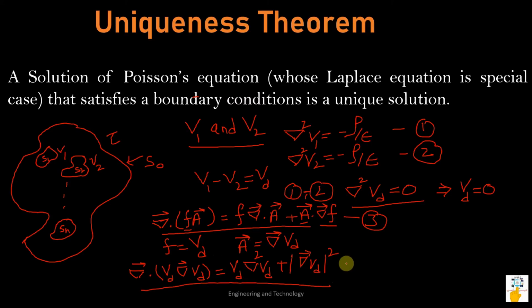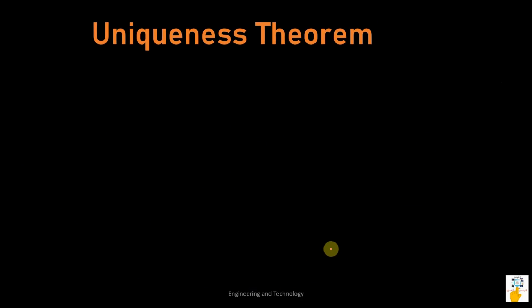Now I'm taking another page. So now let us rewrite this: del dot Vd del Vd is equal to Vd del square Vd plus mod del Vd square.